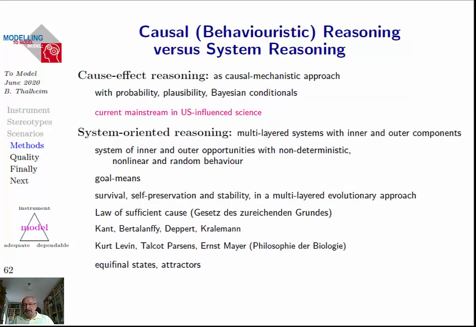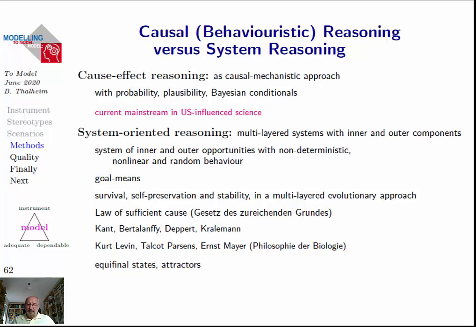This can be extended to these different reasoning methods to causal behaviouristic reasoning. This is another thing than system-oriented reasoning. In system-oriented reasoning you have at least a system model as an origin, and you consider this system model for the instrument.